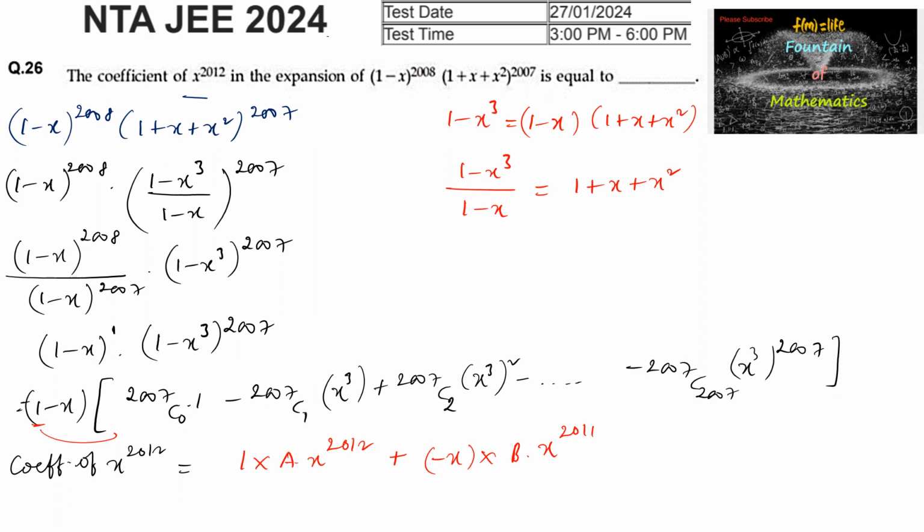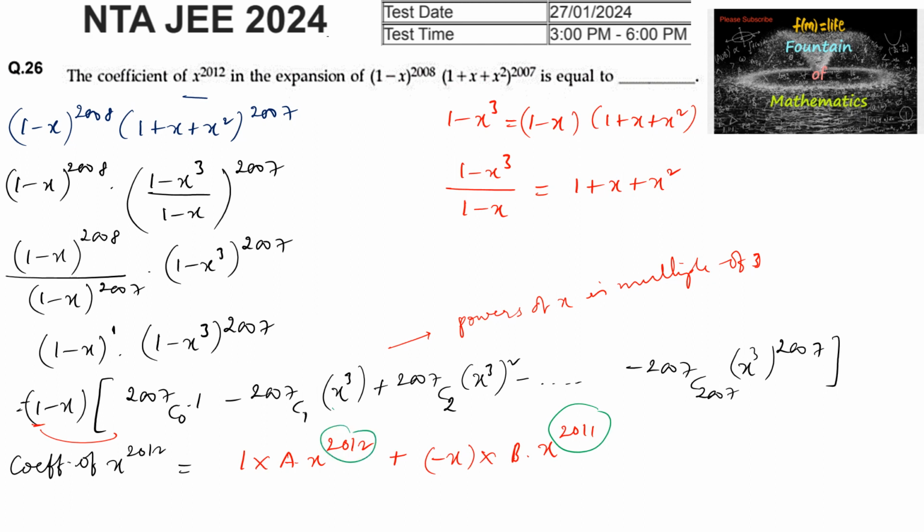And clearly we can say that all the powers of x here are multiples of 3. Powers of x are either 0 or multiples of 3, so that we cannot find 2012. 2012 is not a multiple of 3, and 2011 is also not a multiple of 3.